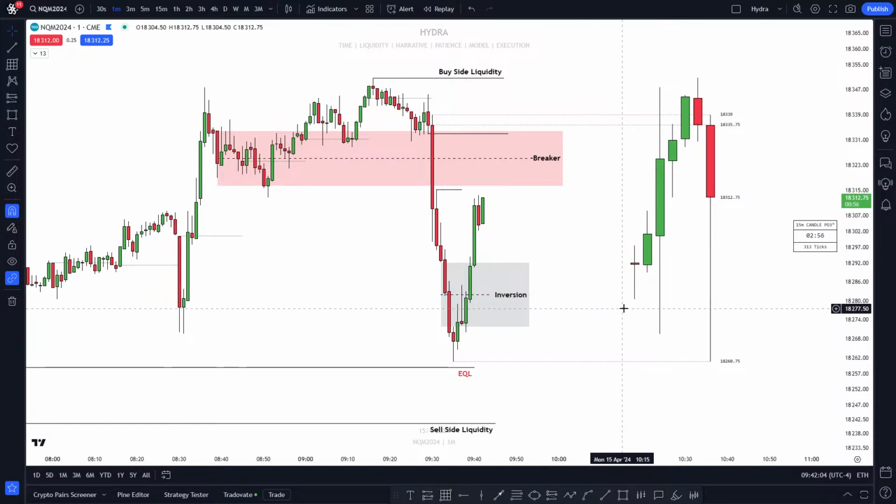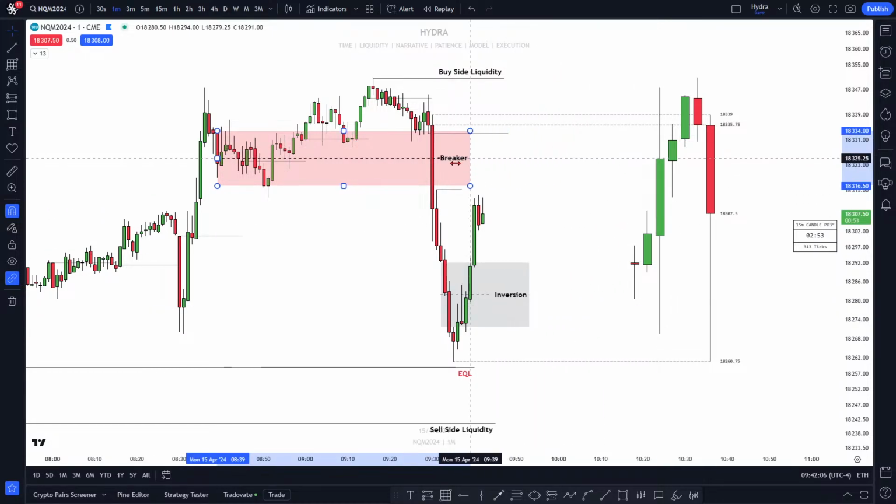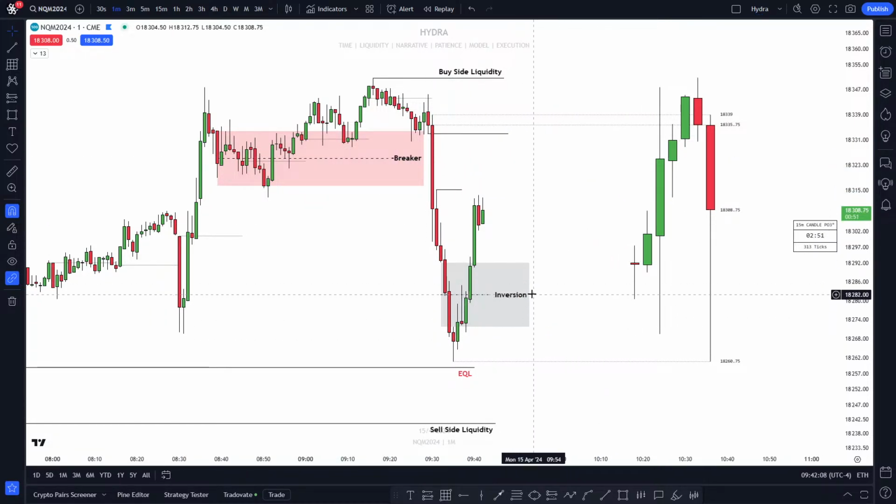Yes, I think we're going to be pushing higher. This breaker is most likely on hold. If we come down and get support from this inversion, I believe we're going to be coming. This equal high is going to be the draw.